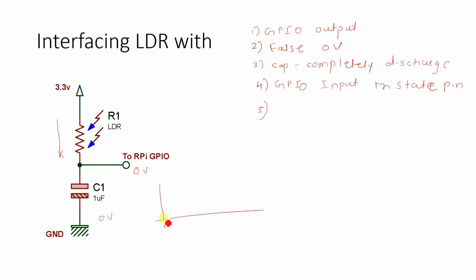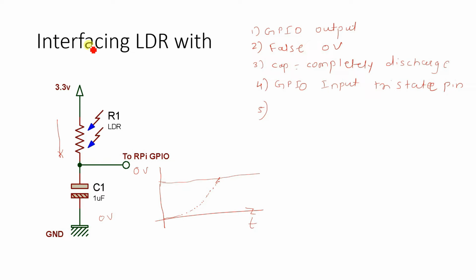Based upon the LDR, it will rise and after some point reach a value, let's say 3.3 volt, if this is the threshold bar that we want. It is sure to take some amount of time to reach that point.